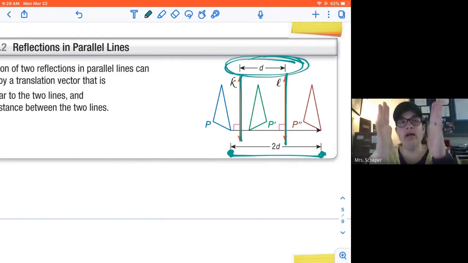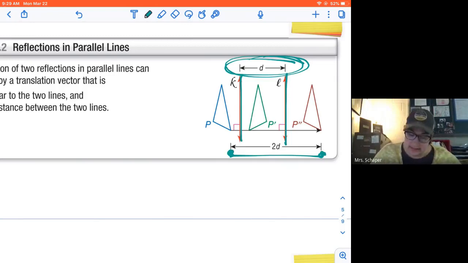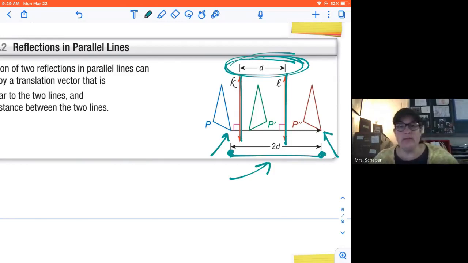Okay, so if my parallel lines are 5 feet, then the distance from the initial point to the last point is going to be 10 feet. Likewise, if this distance right here is 10, the distance between the parallel lines is 5. So looking at that relationship and being able to problem solve those measurements.